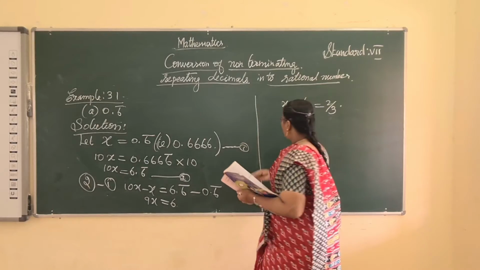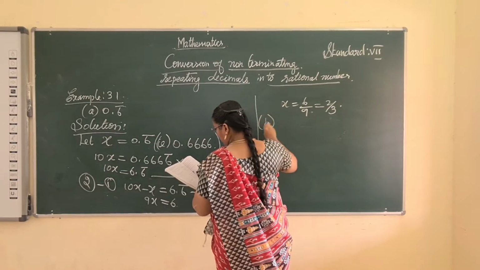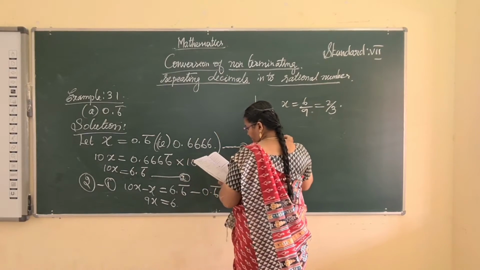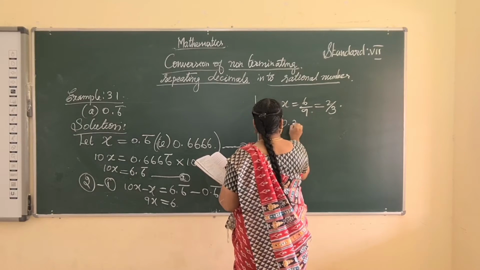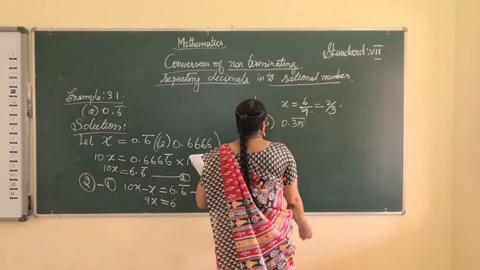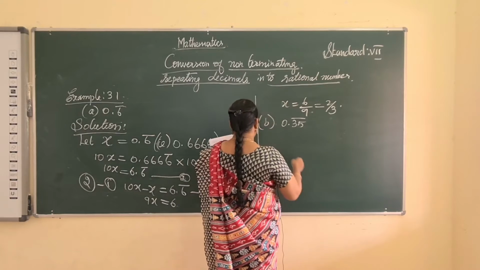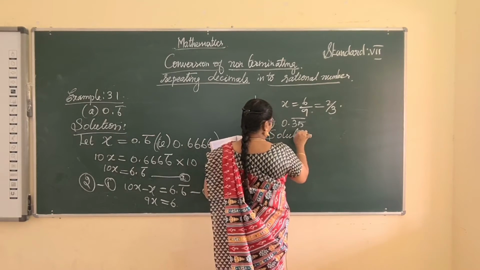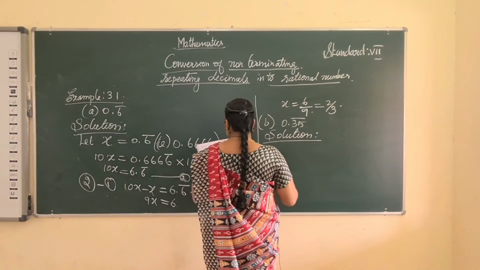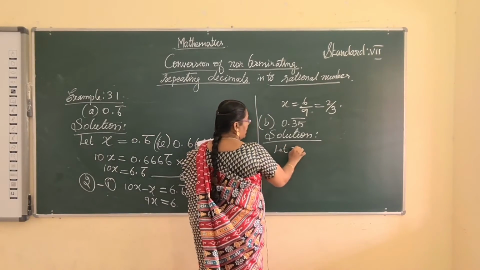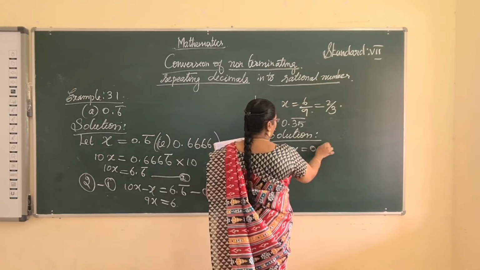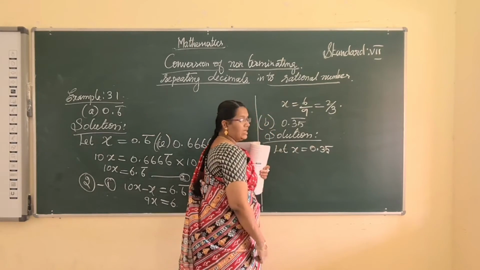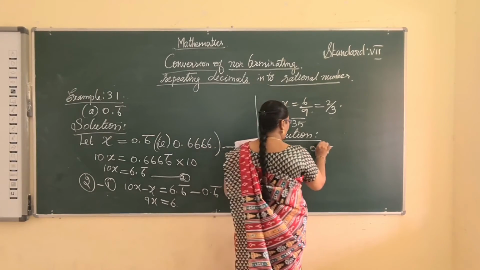See the next one, problem B: 0.35 bar. Solution: let x equal 0.35 bar.